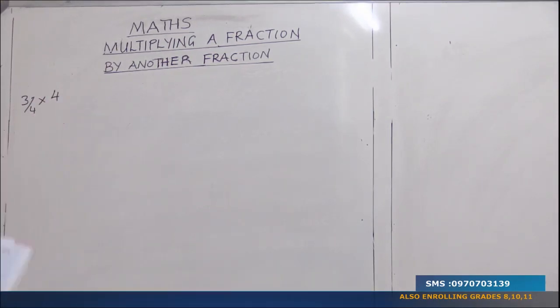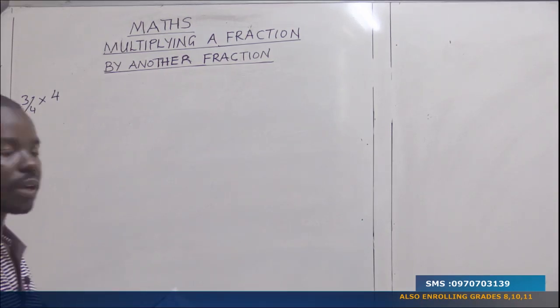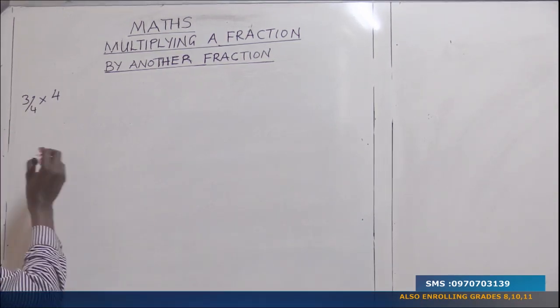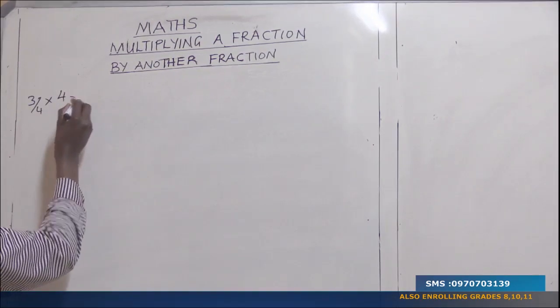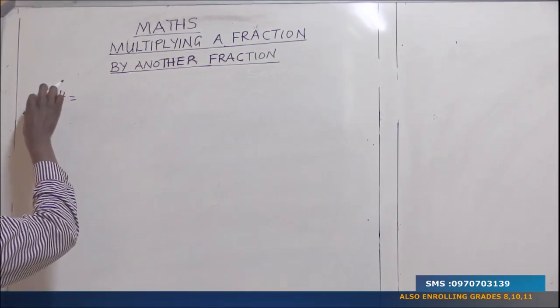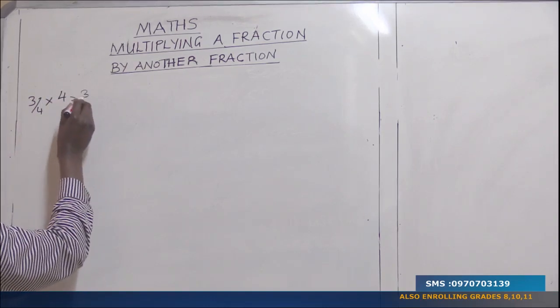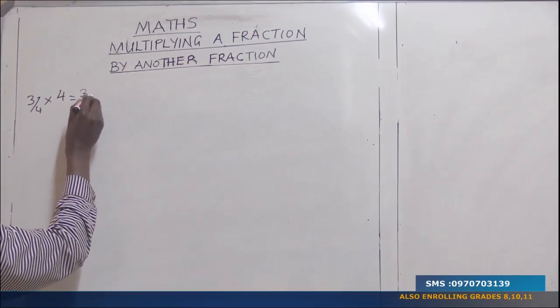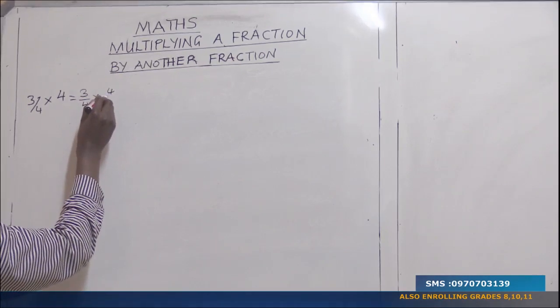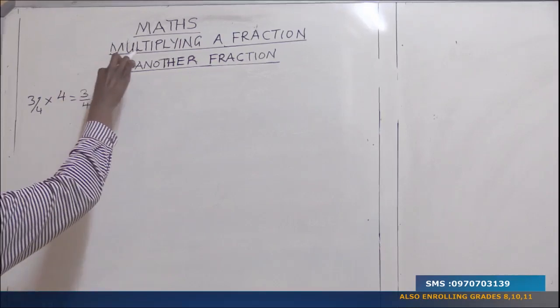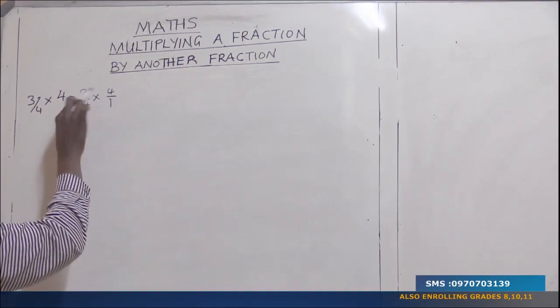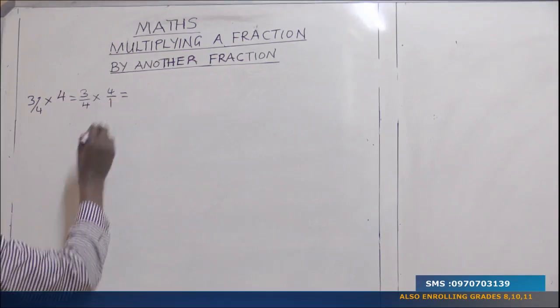When you are multiplying a whole number by a fraction, how do you multiply? You write 3/4 times 4/1. You multiply the numerators on their own and the denominators on their own.